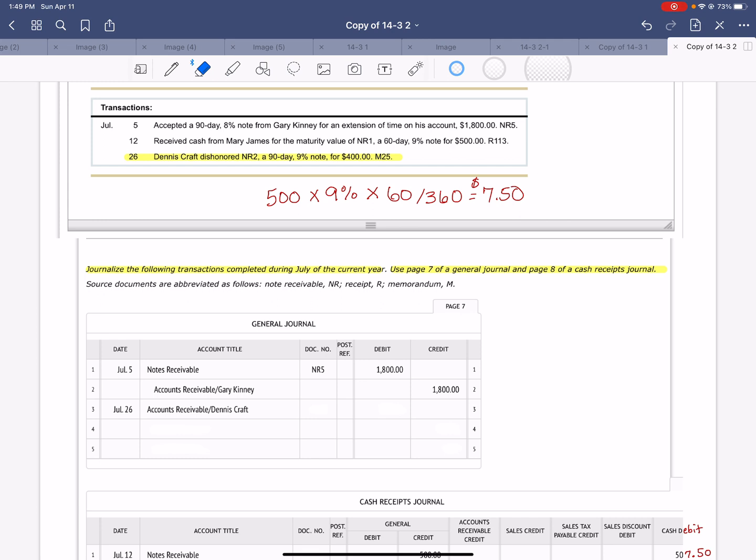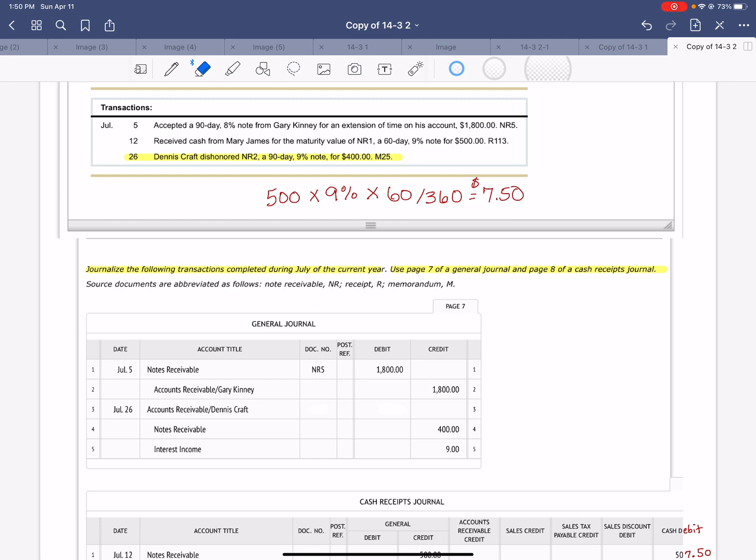Okay, the other two accounts affected are our notes receivable and our interest income. He dishonored it, so we're not going to get our notes receivable, so we have to take the $400 out of our notes receivable. So we're going to decrease our notes receivable, and we're going to increase the amount of interest that we're going to receive. That's why we will credit interest income, because it's a revenue account.